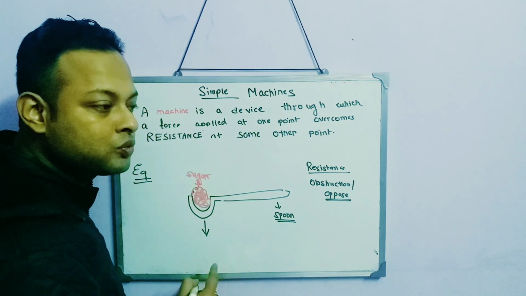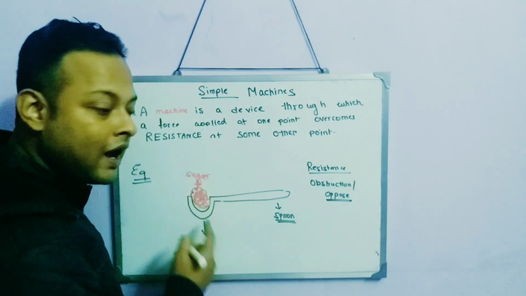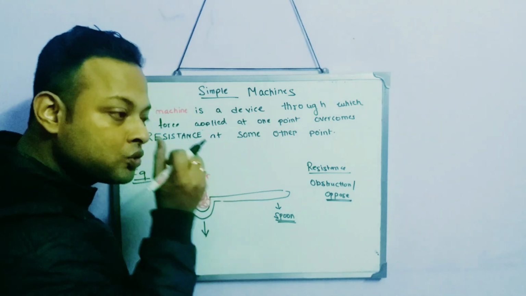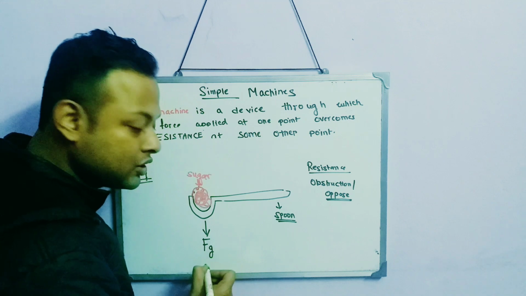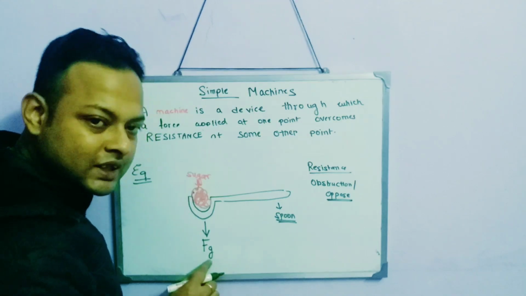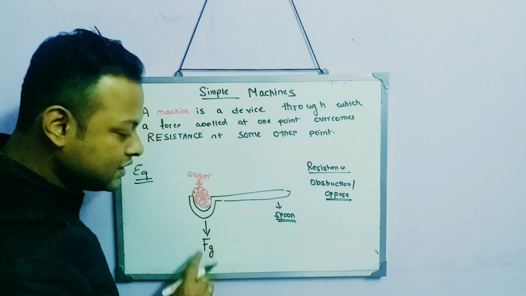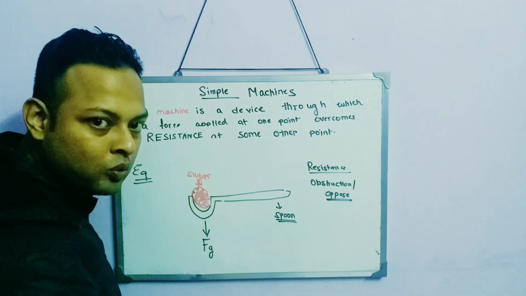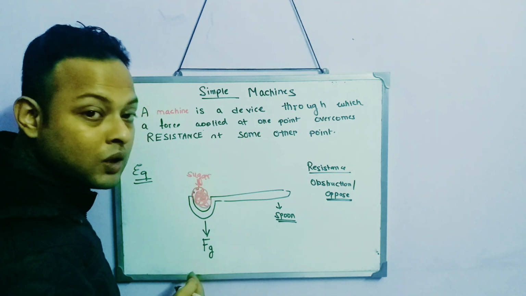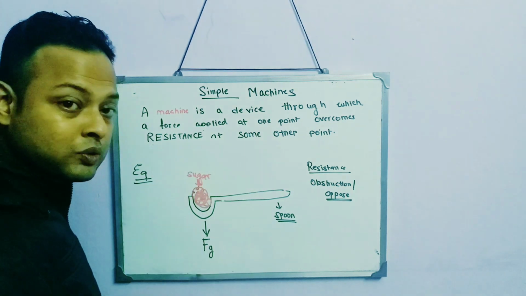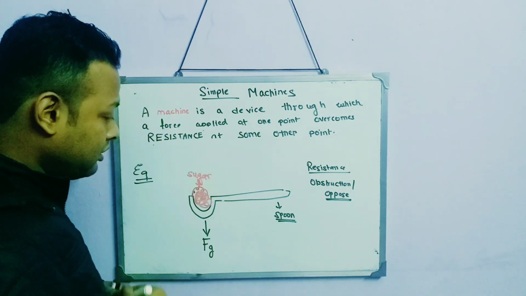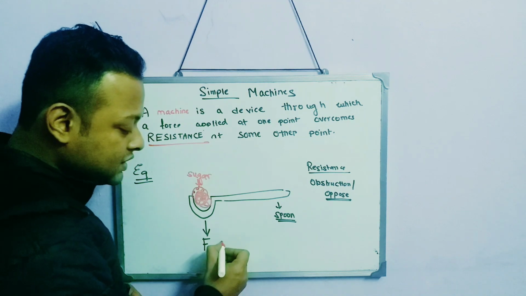So gravitational force will be applied on the sugar, pulling it downward. Fg represents gravitational force, and it is in the downward direction. And this is the resistance. Which one is the resistance? This resistance is this gravitational force.